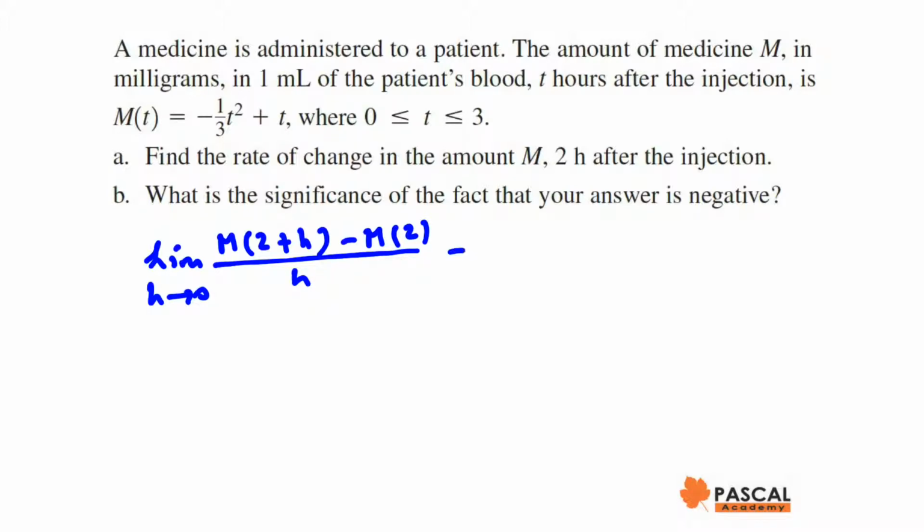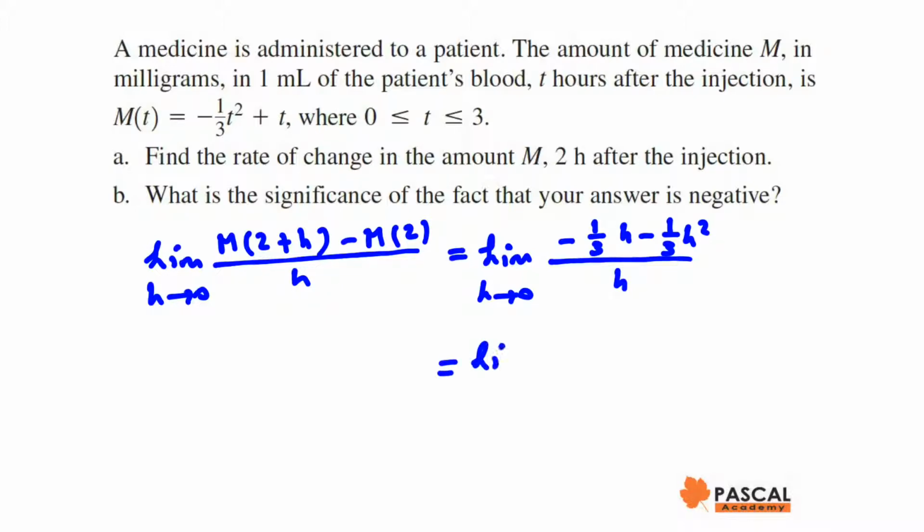If we do the algebraic manipulation, we see this limit is equal to the limit of (-1/3 times h - 1/3 h^2) over h as h approaches 0. After plugging 2+h into the function, we expand (2+h)^2, which is 4 + 4h + h^2, and do the algebraic manipulation.